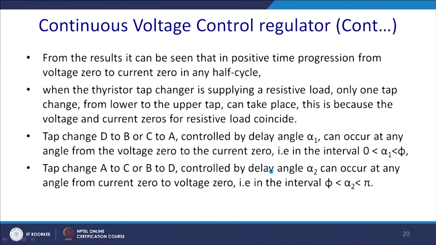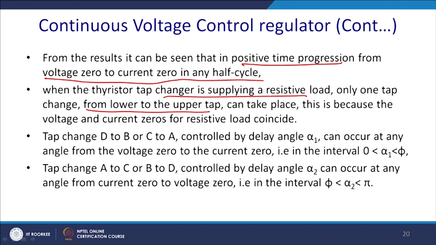From these results, it can be seen that in any half cycle, from the voltage 0 to current 0, when the thyristor tap changer is supplying the resistive load, only one tap change from lower to the upper tap can take place.